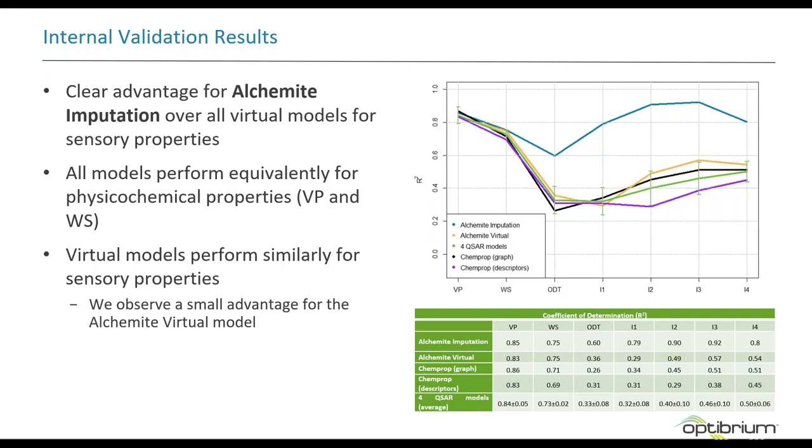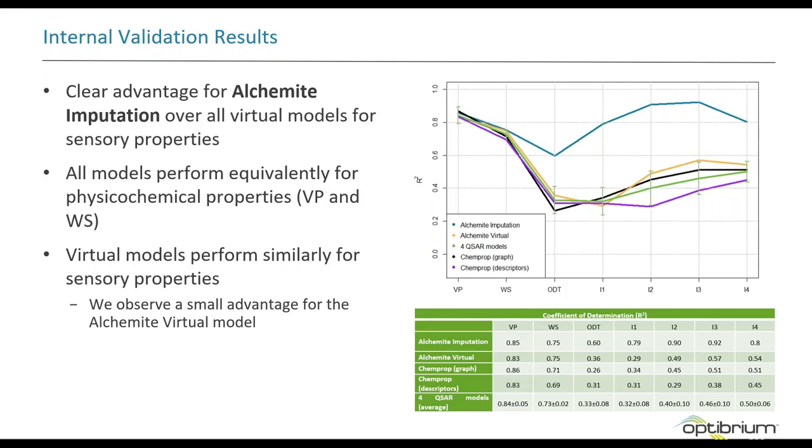And we compared the Alchemite imputation model with QSAR and Chemprop models. So we are comparing here five models: the Alchemite imputation, the Alchemite virtual, the QSAR models, and the Chemprop deep learning method.